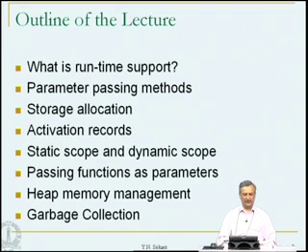What are known as activation records will be used throughout this lecture, so we have to understand what they are. We discuss static scope and dynamic scope, what are these, why are they necessary, how to handle them, and so on. How to pass functions as parameters to other functions, then heap memory management, and garbage collection, one of the techniques which is possible to discuss in the limited time.